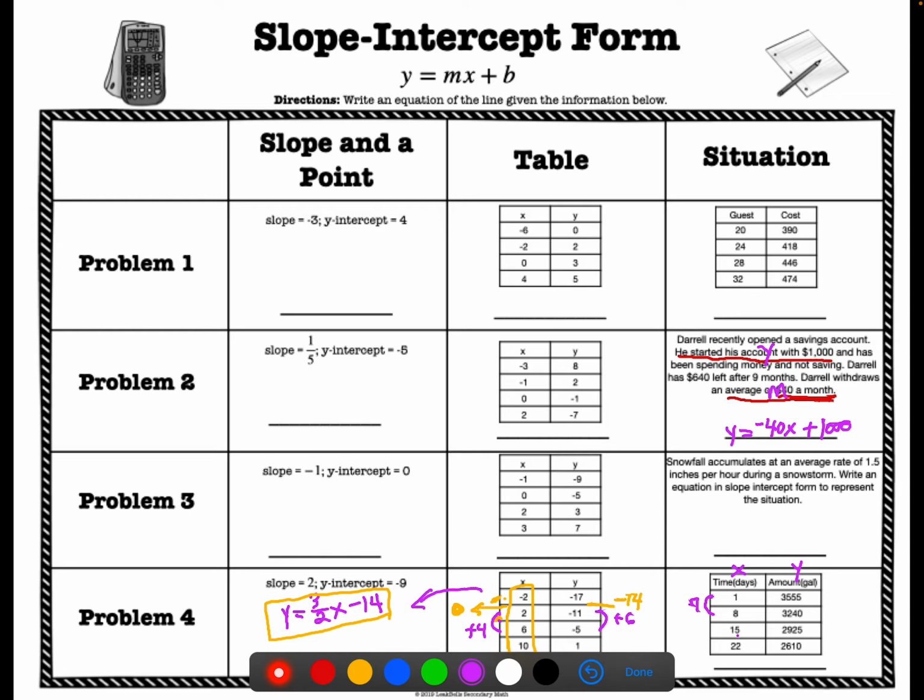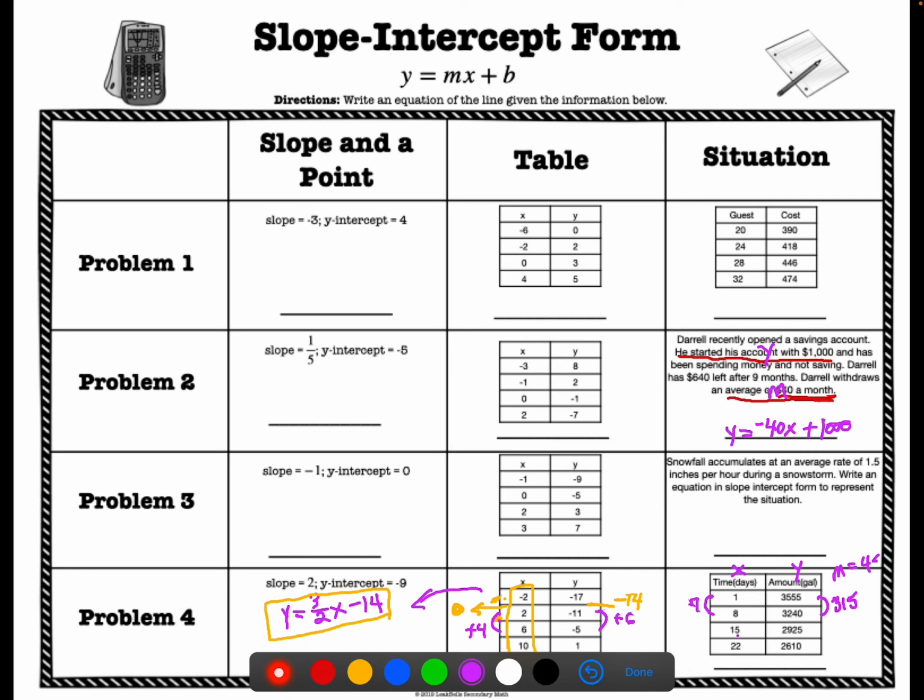All right, when we go from 3,555 to 3,240, we are decreasing by, let's see, where is my calculator? This is 315. So our change in y divided by our change in x gives us 45. So every day, the gallons decrease by 45. That's what our slope is.